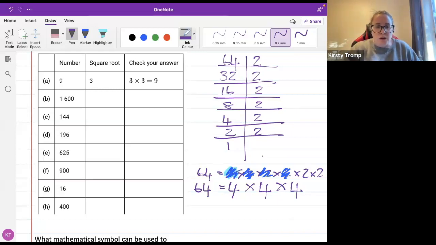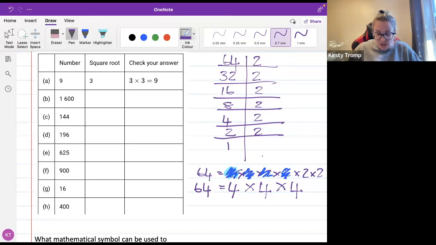Guys, I'm going to go through the square roots and then I will answer some more questions. So let's have a look. The square roots. There were some tricky ones in here. I threw some challenges in here. So the square root of 1,600. My word, I haven't done the square root of 1,600 for a long time. So I know what the square root of 16 is, and I do see 16 in 1,600.